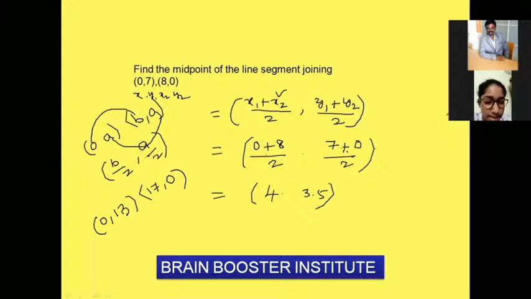Very good. Without using pen and paper, you are saying 17 by 2, 13 by 2, which means the answer is 8.5, comma, 6.5. Do you agree? Open your eyes. Yes, sir.